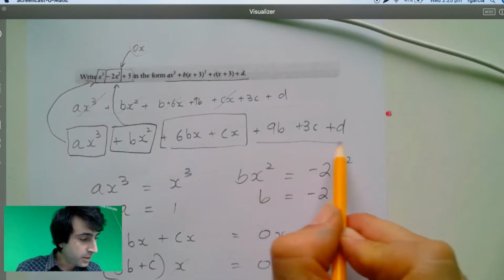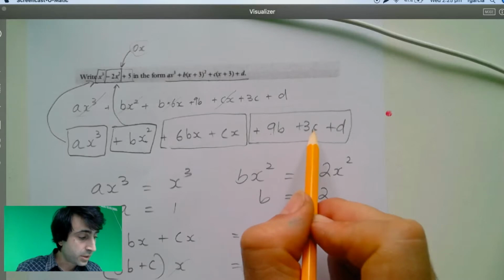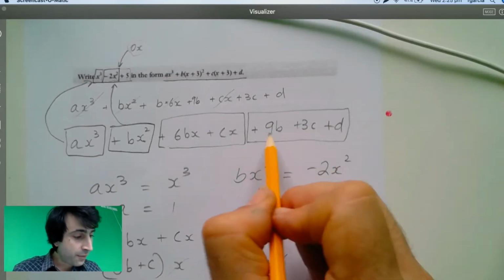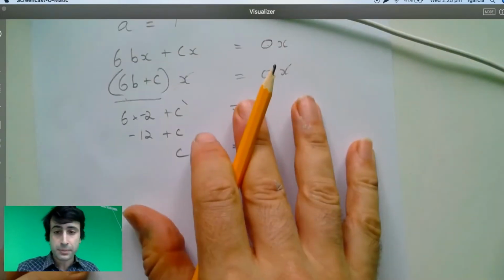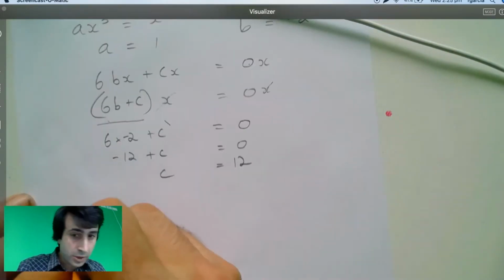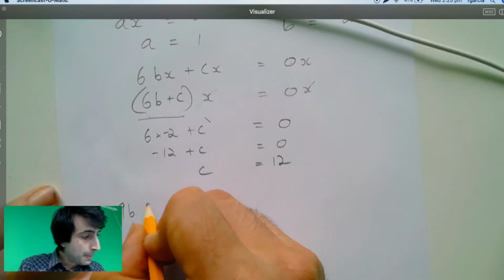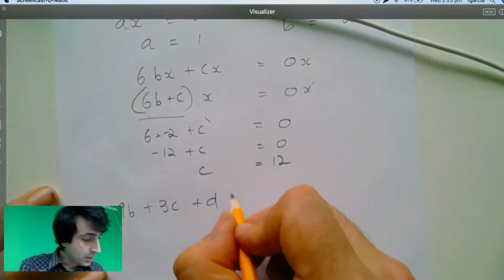The rest of what we're dealing with, 9 times b plus 3 times c plus d, all of those have to equal the leftover, which is 5. And I'll write this down the bottom here. 9b plus 3c plus d equals 5.